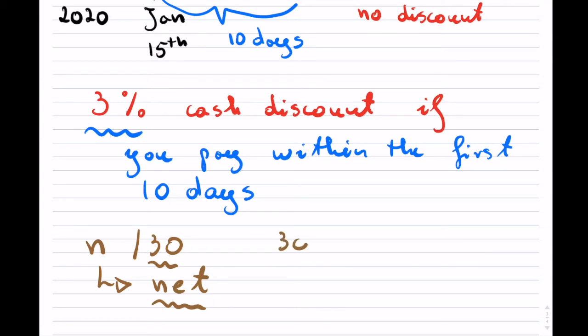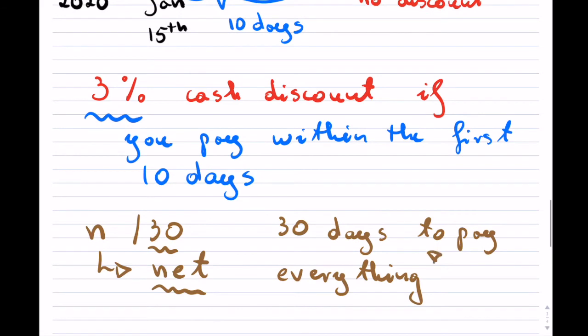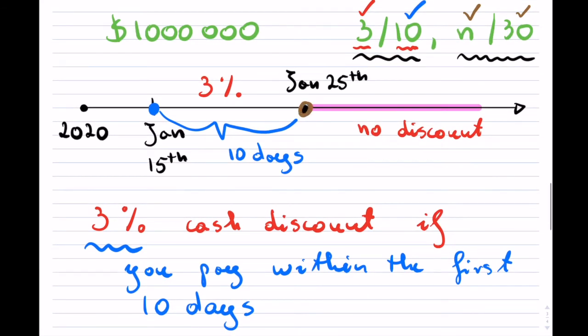So you have 30 days to pay everything off. Everything, and that is 30 days. Now, it is not 30 days from here. It is still 30 days from your invoice date.